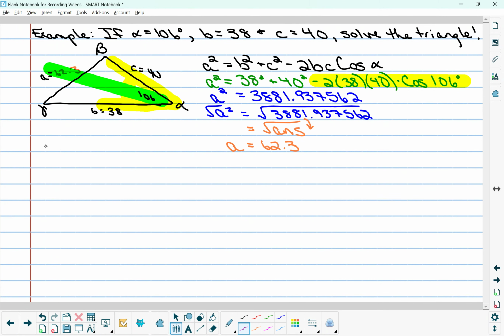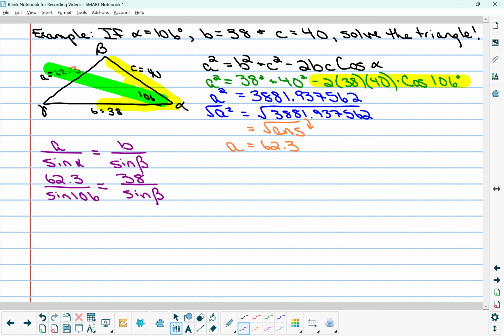So I'm going to switch to A over the sine of alpha is equal to B over the sine of beta. I'm going to fill those in. So I'm going to go 62.3 over the sine of 106 is equal to 38 over the sine of beta.